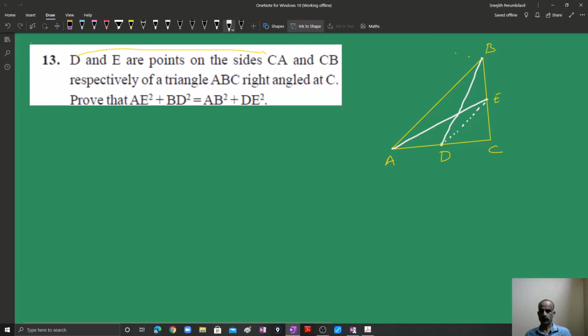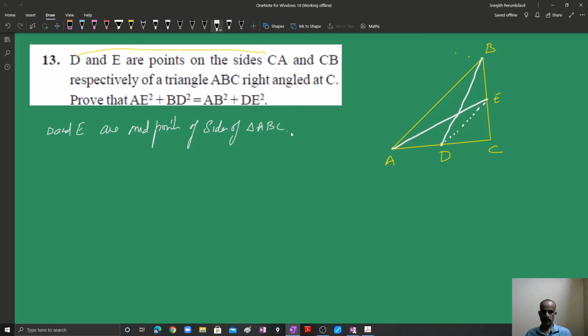So what is given? D and E are midpoints of sides of triangle ABC.